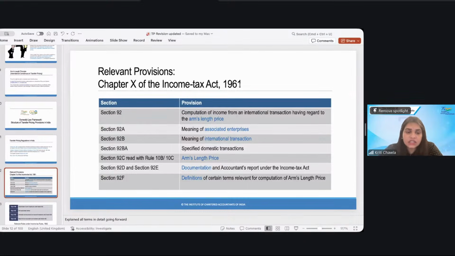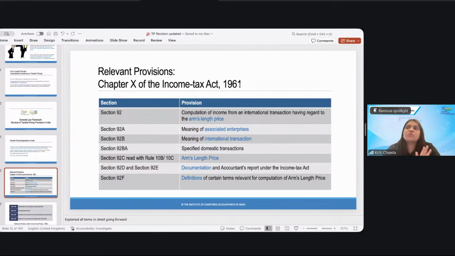Then there is Section 92BA that talks about specified domestic transactions. Section 92C, this has to be read with Rule 10B and 10C, which talks about the arm's length price. Section 92D and 92E talk about documentation and the accountant's report under the Income Tax Act. And finally, there is Section 92F. It talks about the definition of certain terms which are relevant for computation of the arm's length price.